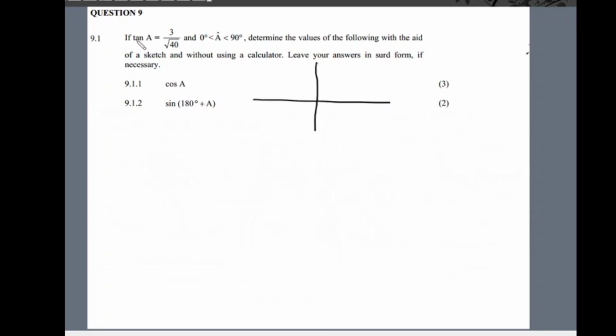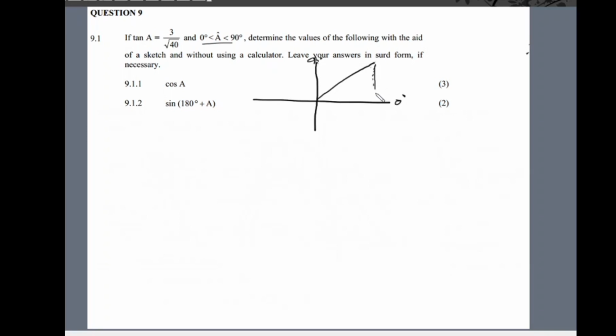we see that tan A is 3 over the square root of 40 and A is between 0 and 90 degrees. So that tells us that A is an angle between 0 and 90 degrees. So now we will draw our triangle in the first quadrant because the angle is an acute angle, right?